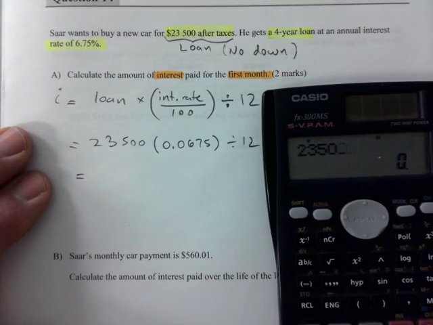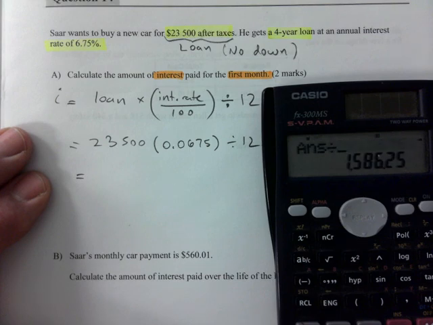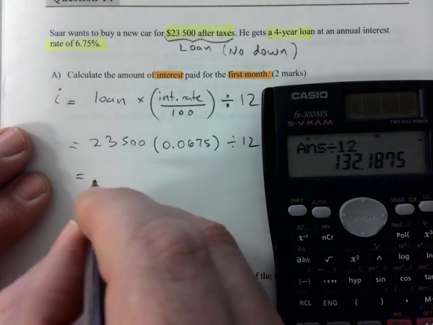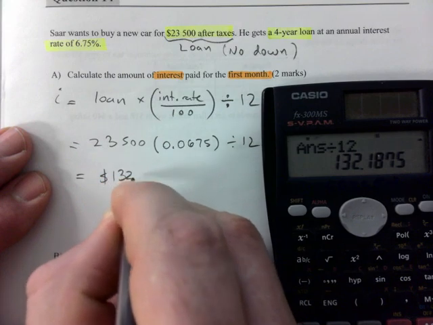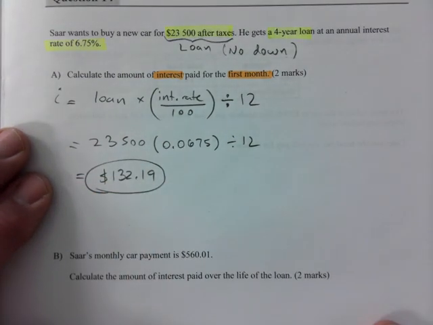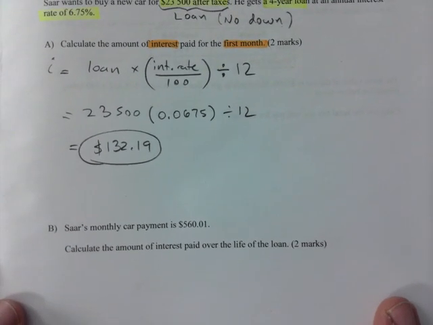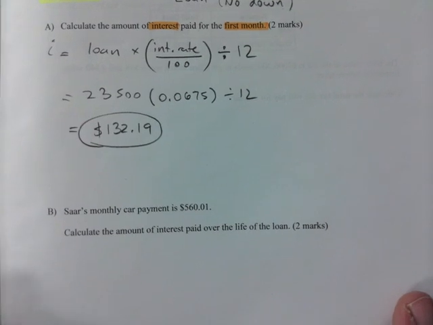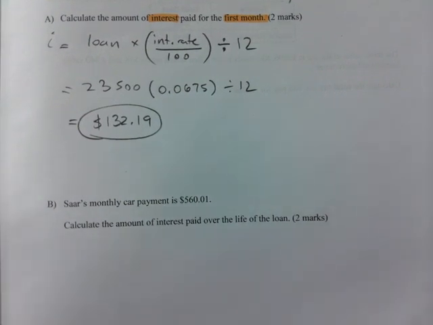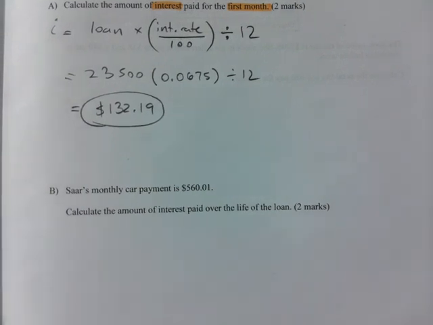So 23,500 times 0.0675. I'm going to hit an equals there, and I can divide that by 12. So that's $132.19. And it should always be, well, most likely be a smaller amount, not a very big amount, because remember, it's just for the first month. Okay.